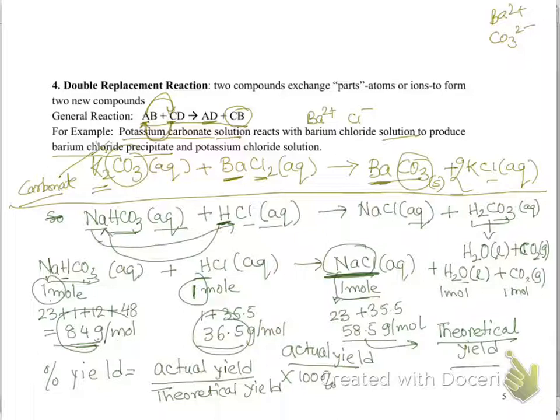So let's say you mixed 84 grams of sodium bicarbonate with 36.5 grams of hydrochloric acid, and you did the reaction, you collected sodium chloride, and you took the mass of the product, and let's say you found out the mass of the product by doing the reaction was 40 grams. So that's your actual yield divided by theoretical yield times 100. That will be the percent yield.